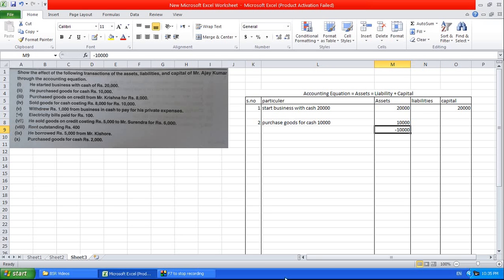So this one should be a red amount. Till the second entry, we still have 20,000 only in assets, 20,000 only in capital, and 0 in liabilities.